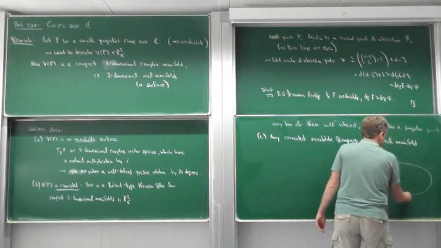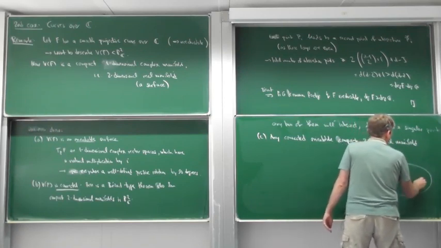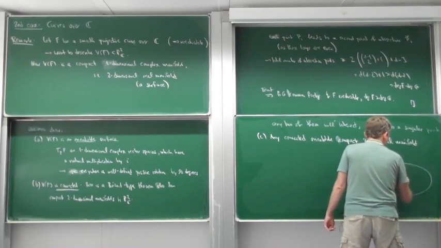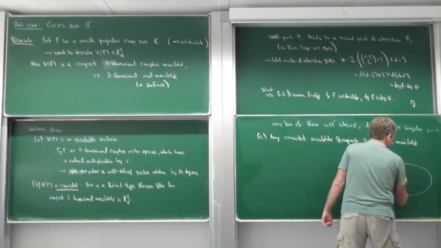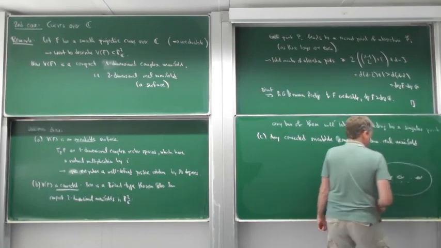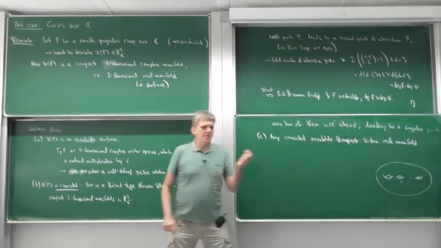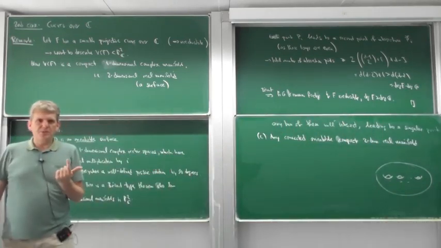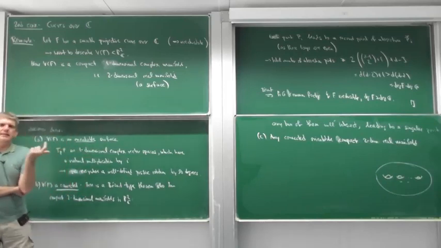You can start with a sphere and then have a couple of handles, which we might call holes. It's sort of a donut, not just with one hole, but with a certain number of holes. That's the only thing it can look like.